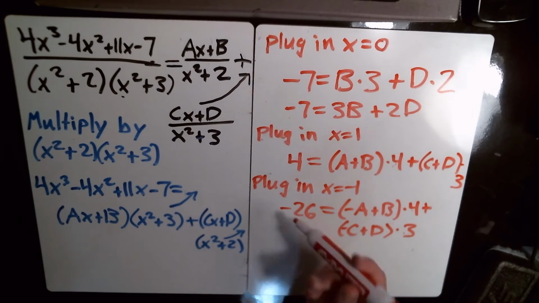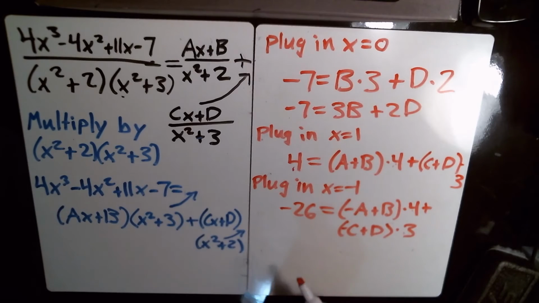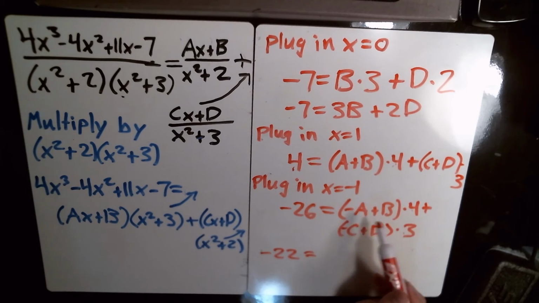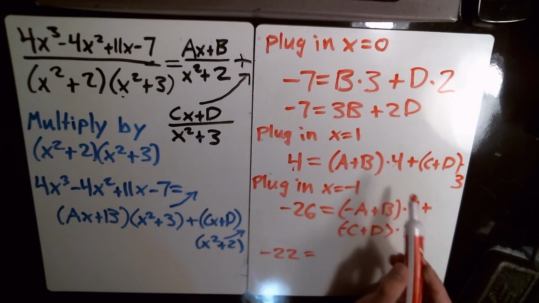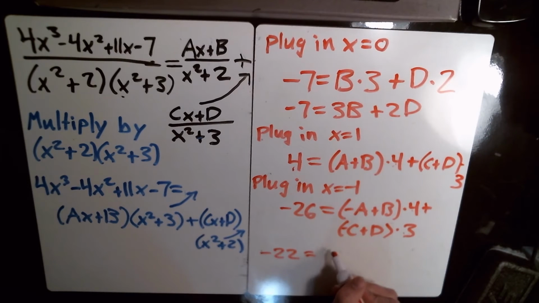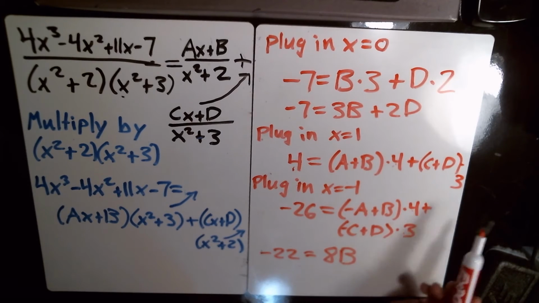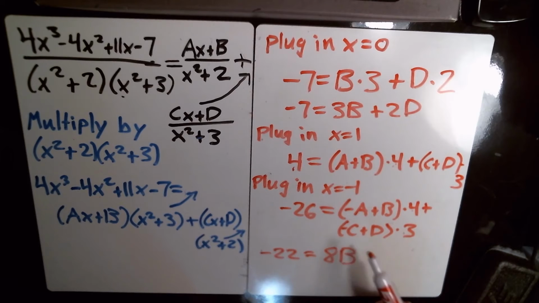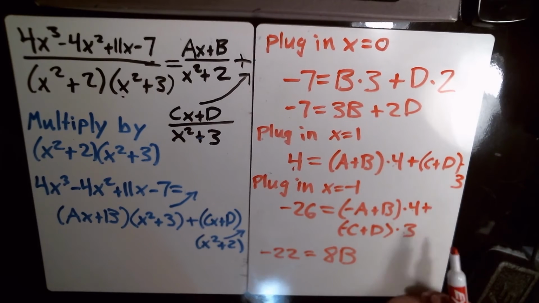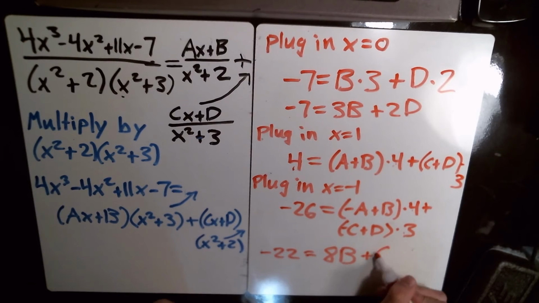Let's see. So when we do that, the -26 becomes -22 is equal to, the a's cancel out, and so we get 4b plus 4b is 8b, and then the c's cancel out, right? 3c, -3c, those cancel out. 3d and 3d is 6d.